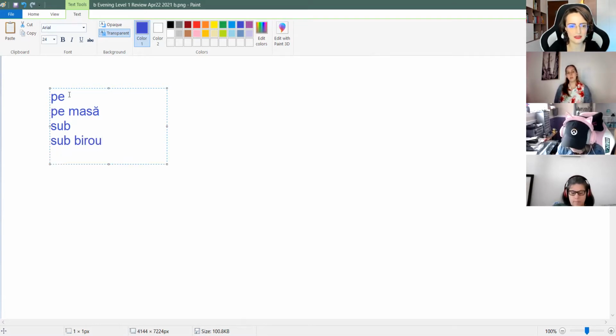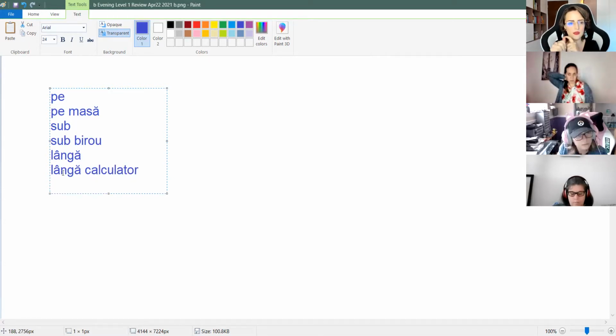How do you say next to or near something? Lângă. And near the computer? Lângă calculator. So notice how in English you say on the table, under the desk, next to the computer, while in Romanian you don't use the for any of them. You say on table, under desk, next to computer.